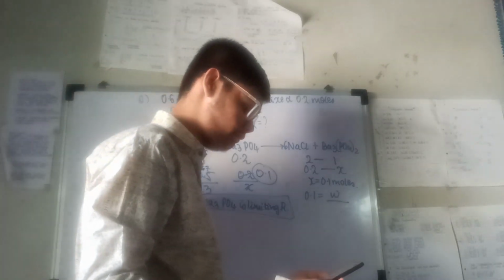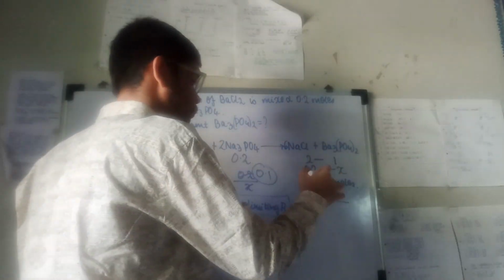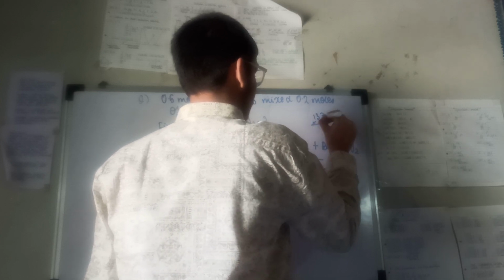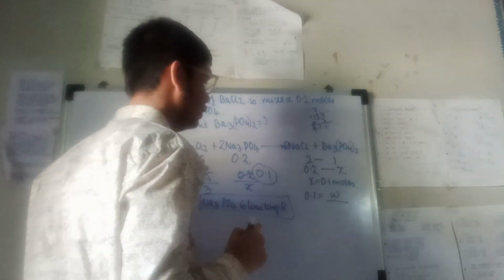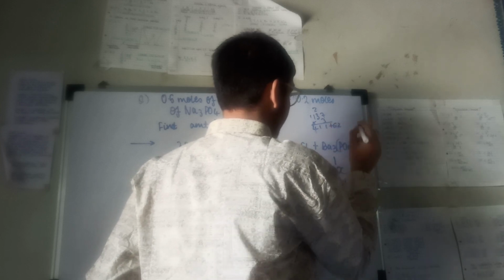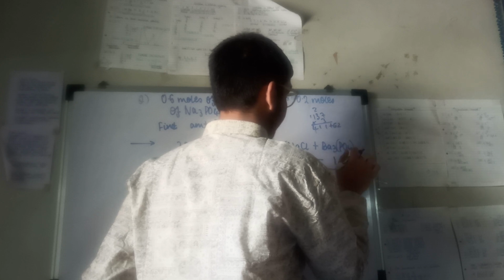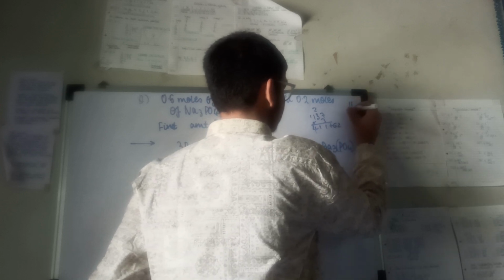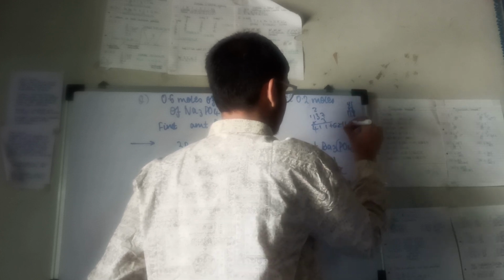Yes, it's 137. So 137 into 3: 7 threes are 21, 2 carry, 411. Then the rest of the molar mass is 2 times (31 plus 64), which is 190.